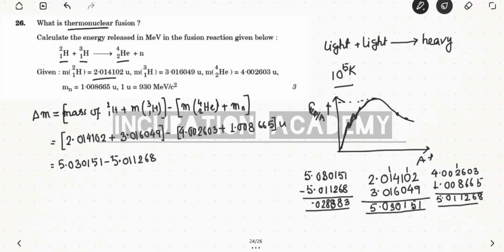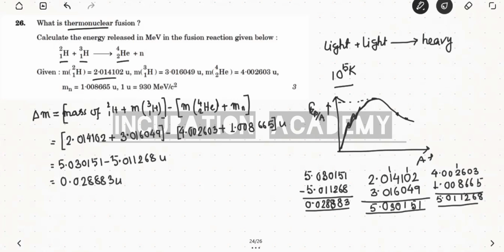I am just repeating this thing again. So it is 0.0028883. There is only one problem with such numbers: if there is any calculation mistake, you need to check it out here, nothing else.